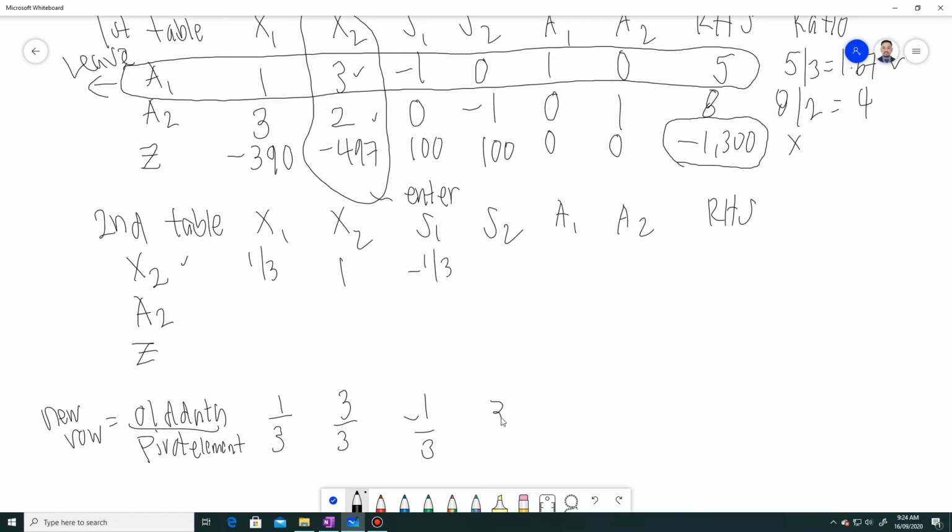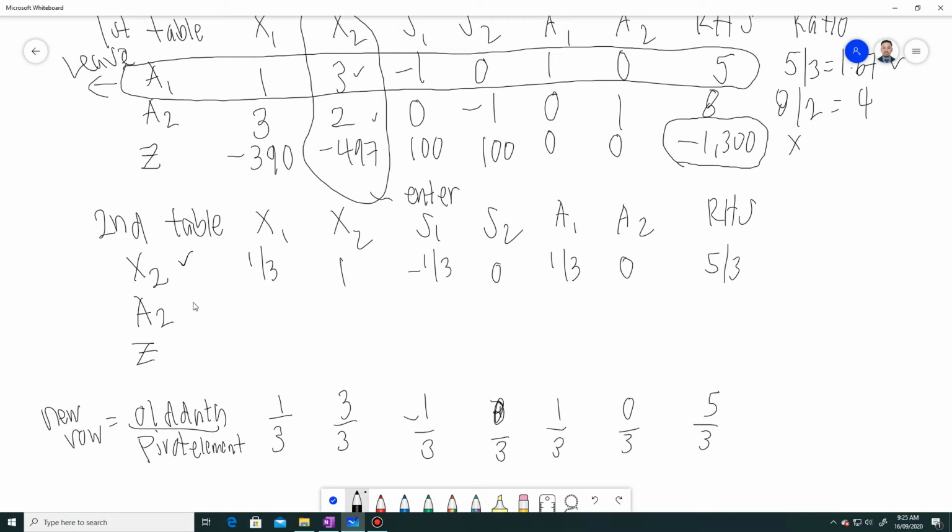We have 0 divided by 3, or 0. We have 1 divided by 3, 1/3. Then for a sub 2, 0 divided by 3, we have 0. And then for the right hand side, we have 5 divided by 3, or 5/3. Okay, that is the first step for the second table.